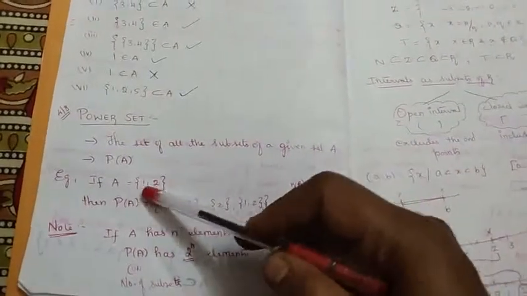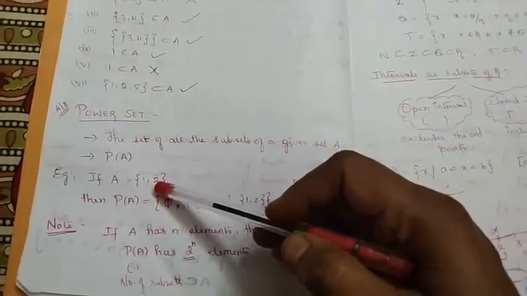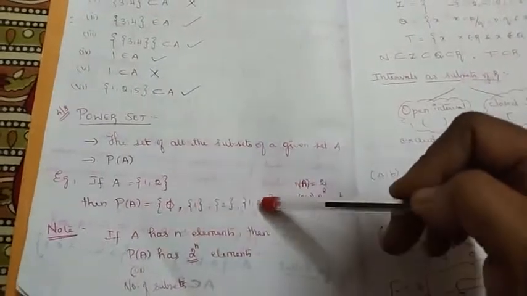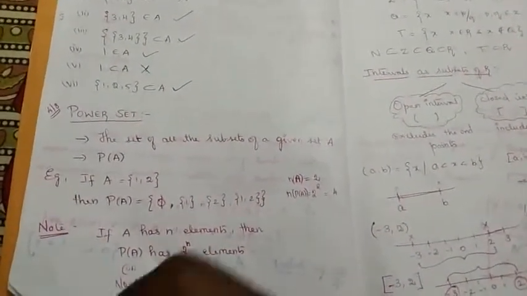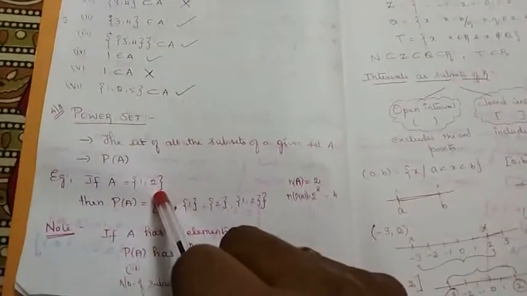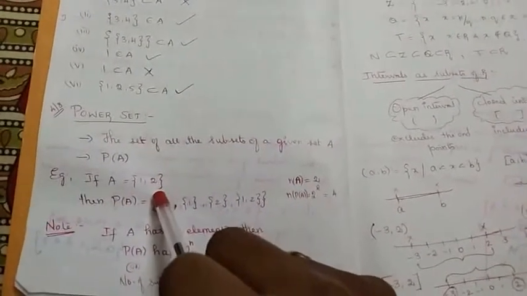Here the set has 2 elements, so 2 power 2 is 4. Therefore, the power set has 4 elements, or else we can say there are 4 subsets for the given set A. Got it? If a set has 3 elements, then 2 power 3, 8 elements the power set will have. So these kinds of questions you may expect for 1 mark. Right? I'm just recalling the things.